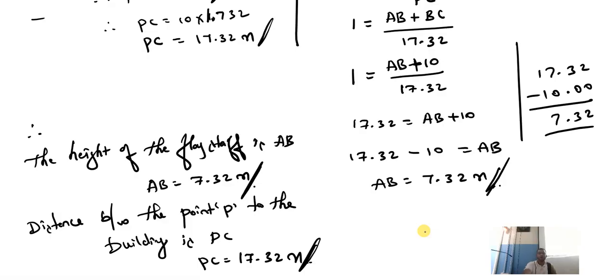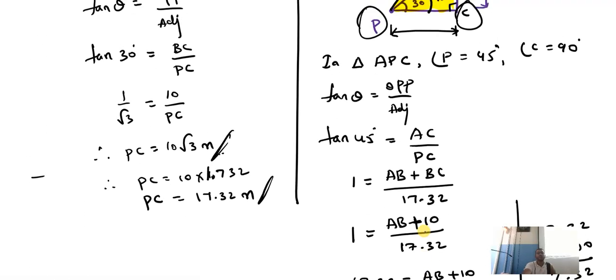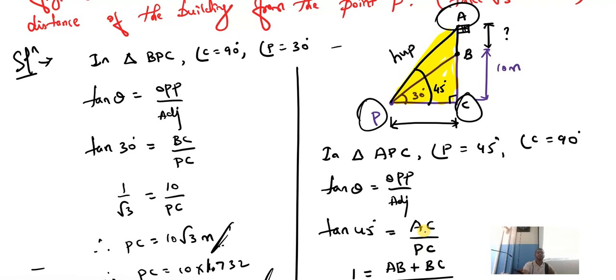Before copying this answer, I want you to mention a few steps, because the examiner doesn't know what AB is, what PC is, what B is, what C is. They don't know. So you write two lines regarding these points, what exactly we have considered. Okay, make a note.